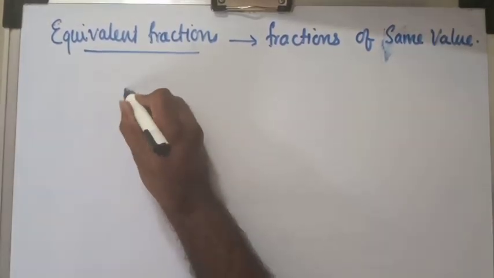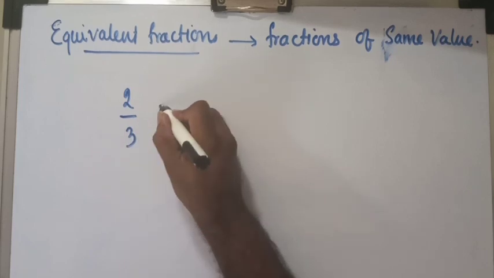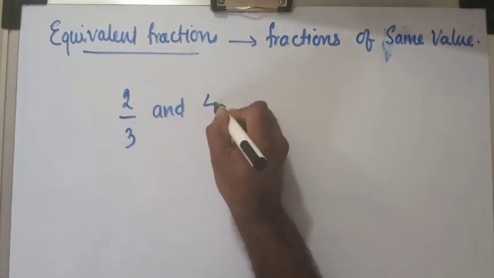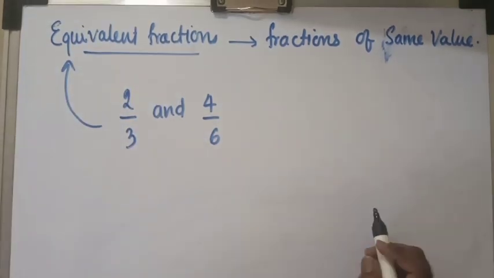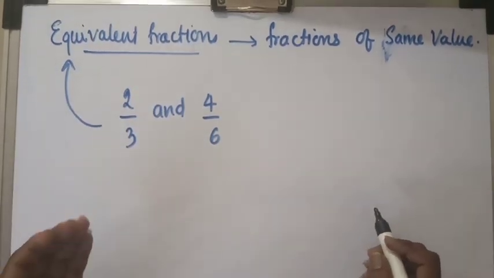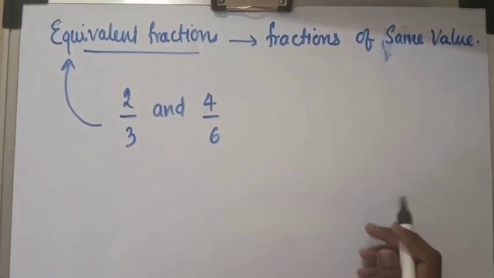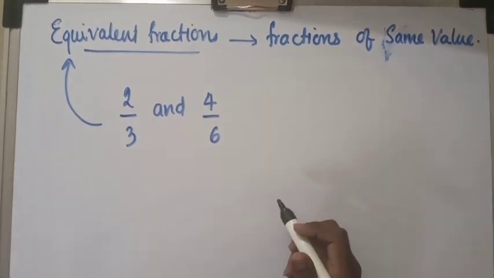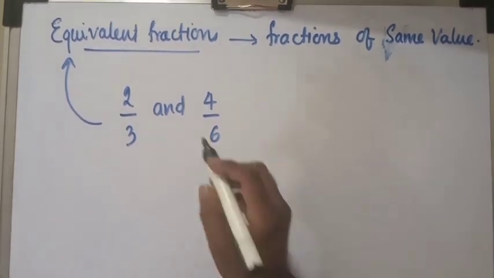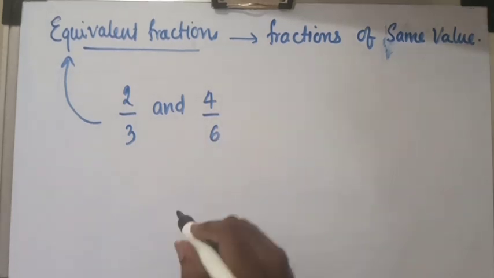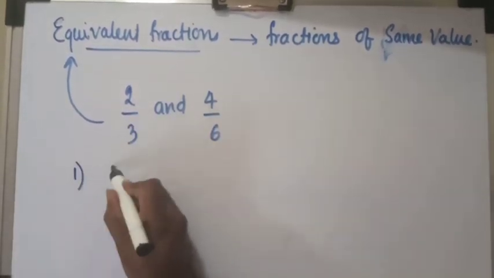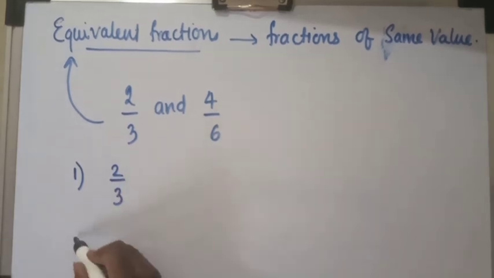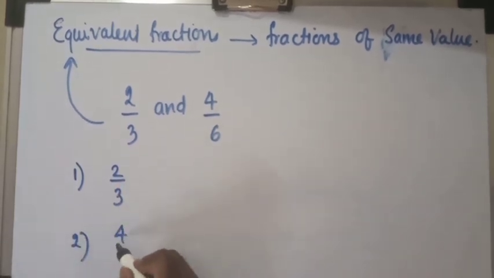For example, 2 upon 3 and 4 upon 6 are together called equivalent fractions. So how can 2 by 3 and 4 by 6 be equivalent fractions? Because when I convert 4 by 6 into its simpler form, my first fraction is 2 by 3, my second fraction is 4 by 6.